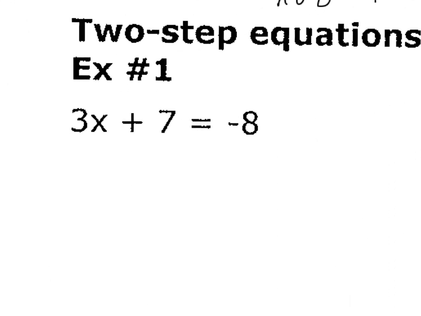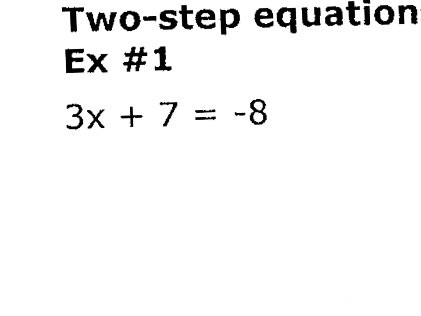Let's look at this first one. The first thing you want to do, step 4, is undo addition or subtraction. We have addition right here. So what do you do to undo addition? Well, you subtract, of course. So we subtract 7 on both sides. That gives us 3x, because these cancel, equals negative 8 minus 7, which is negative 15.